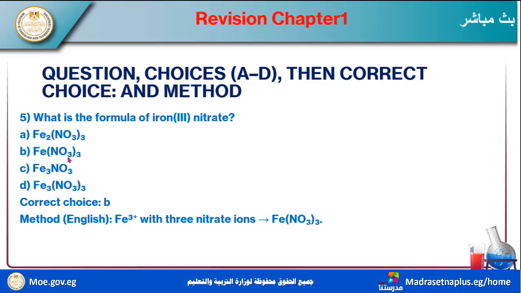This one is correct, because the valency of Fe is 3. This is a Roman numeral, you must know this. I mean 3. Fe(NO3)3. This is used in writing the molecular formula.